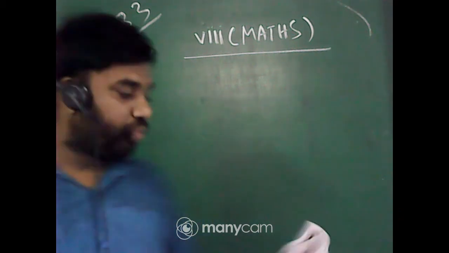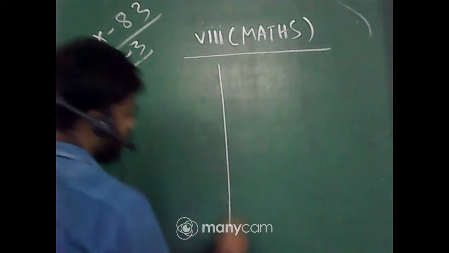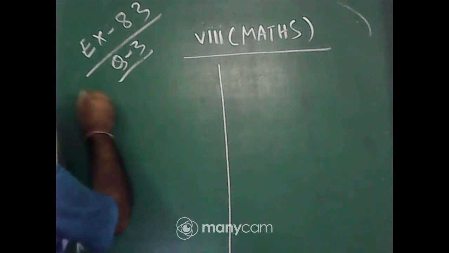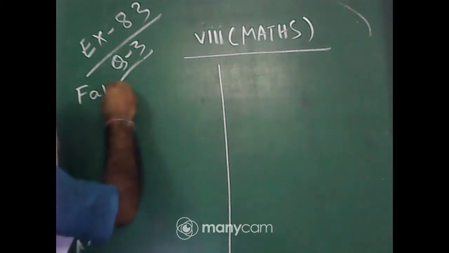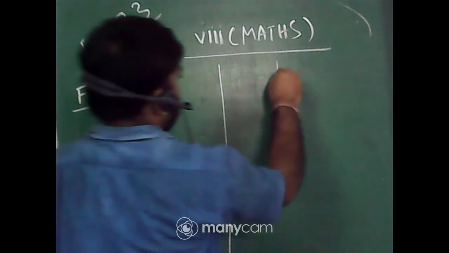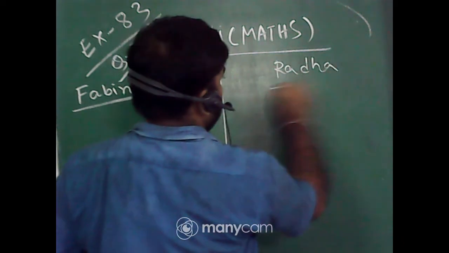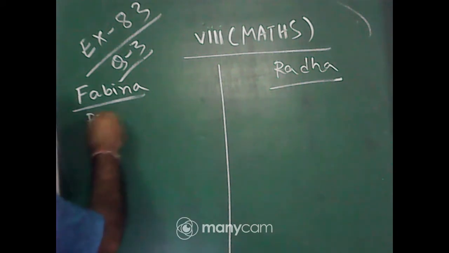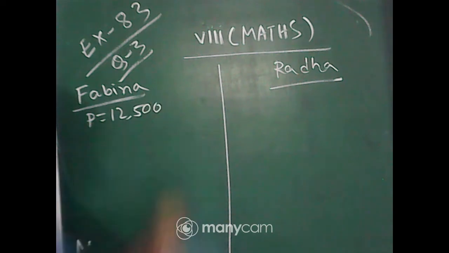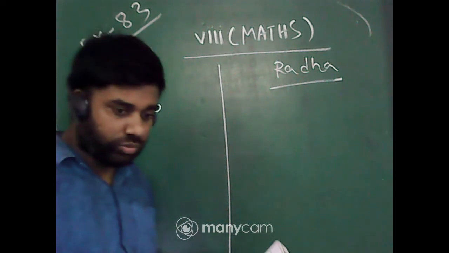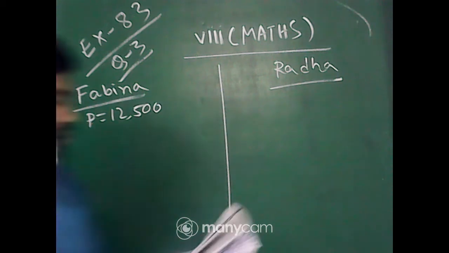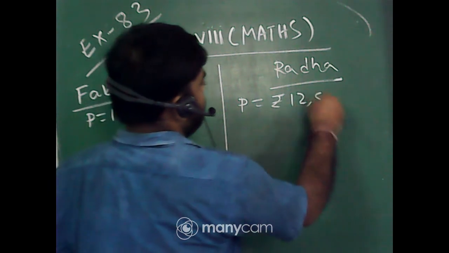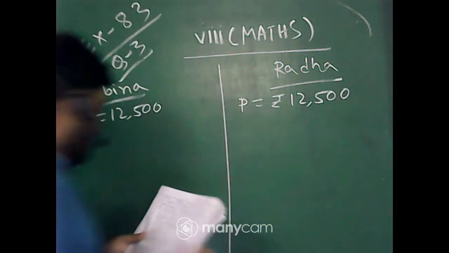So one case is for Favina and another case is for Radha. In the case of Favina, she borrows a principal of 12,500 rupees, and Radha also borrows the same amount, 12,500 rupees.